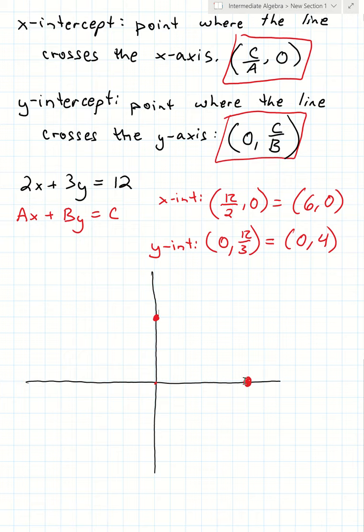So I have the x-intercept at 6, 0. I have a y-intercept at 0, 4. And so now when I connect my dots, I should always form a straight line.